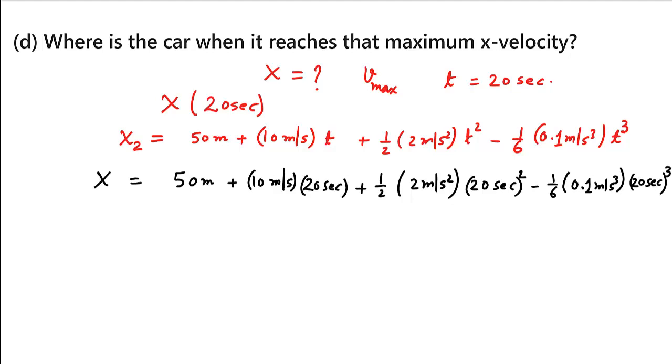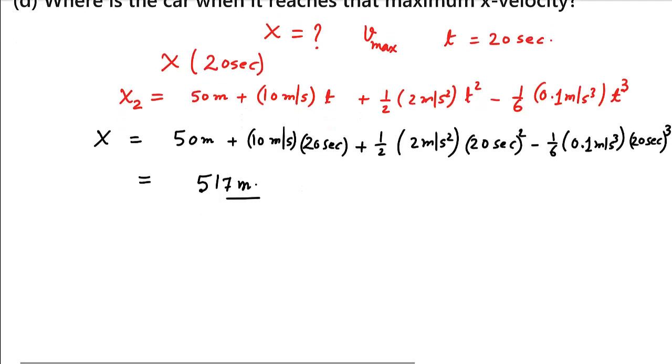If you calculate all this, you will find x equals 517 meter at time t equals 20 seconds. So we calculated the maximum velocity, the x position, and the time when this maximum velocity occurs.